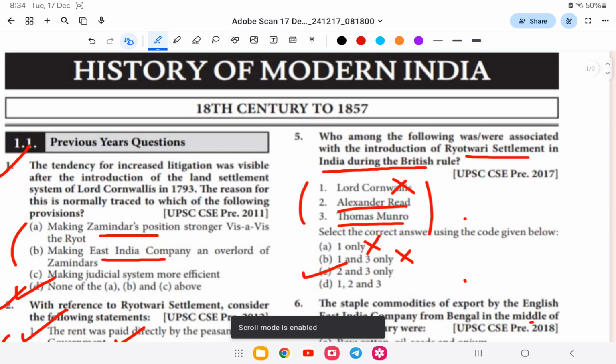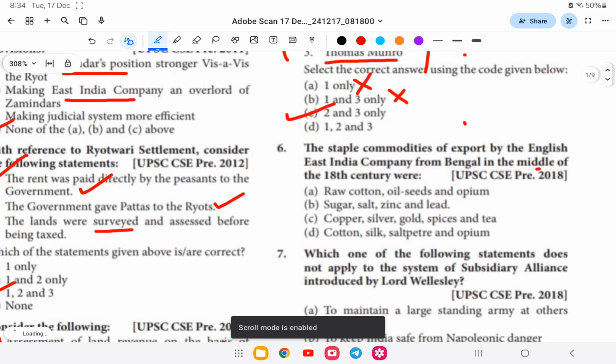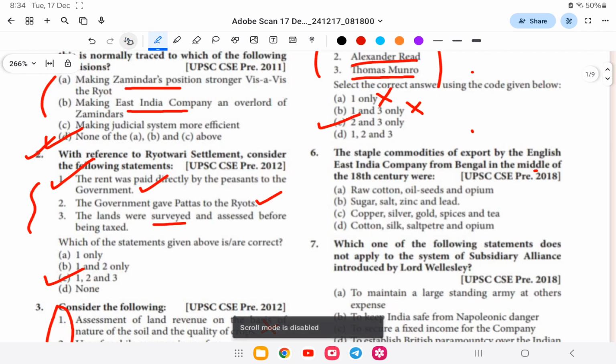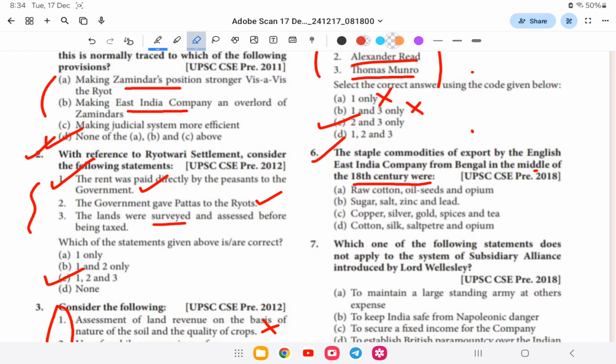That is question number 6. The staple commodities of export by the English East India Company from Bengal in the middle of the 18th century were what? That is Bengal. The East India Company exported different things from different places. So we have to choose the options.